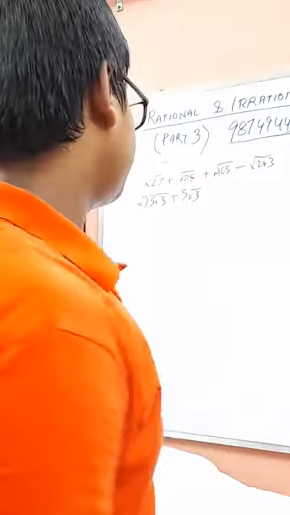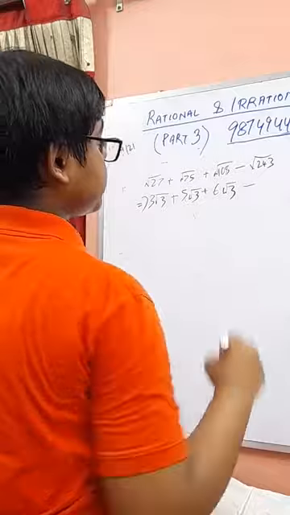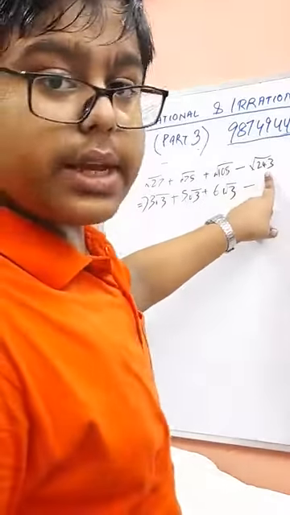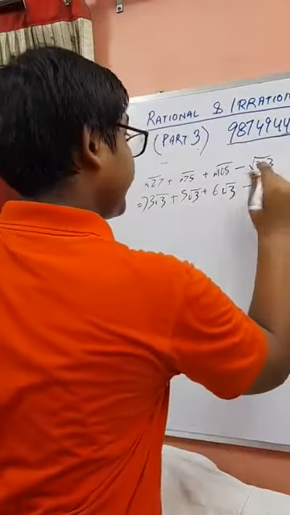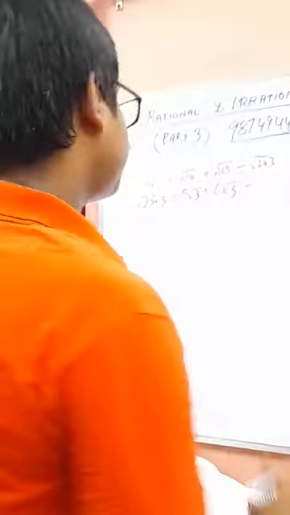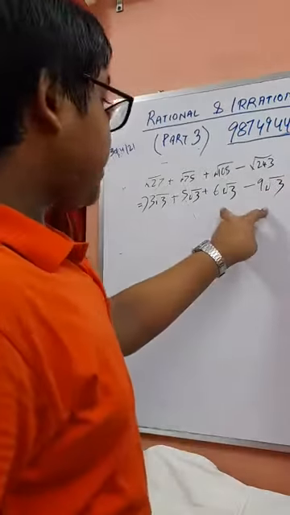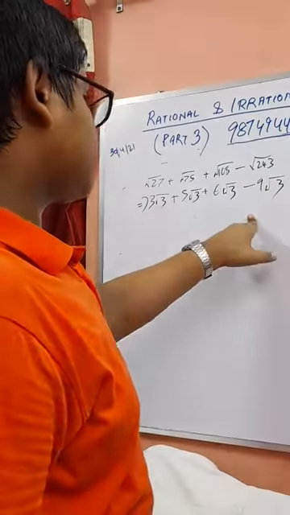Plus 36 into 3, and square rooting 36 gives 6, so 6 root 3. Minus, now we take 3 from this, which gives us 81 into 3. The square root of 81 is 9, so we take it as 9 root 3. Now 6 minus 9 leaves us with minus 3.